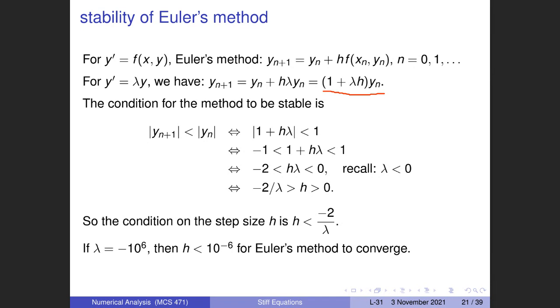And we can compute how small they are going to get if and only if we have this condition here, which is a translation of the factor that you multiply. So y_{n+1}, the next approximation, is 1 plus lambda h times the previous approximation. So we have that the 1 plus h lambda, so lambda is a constant here. You cannot choose this. That's given by the problem. What you have to determine is a value on the step size.